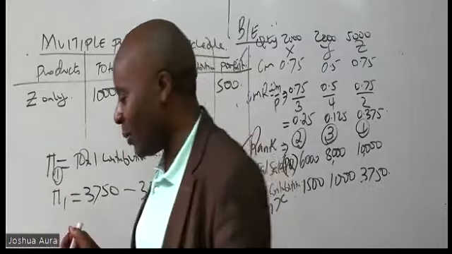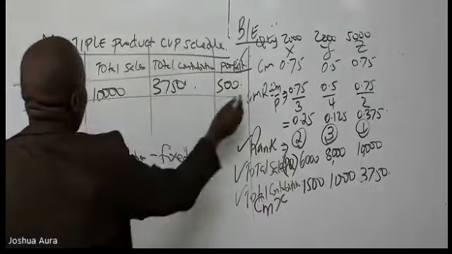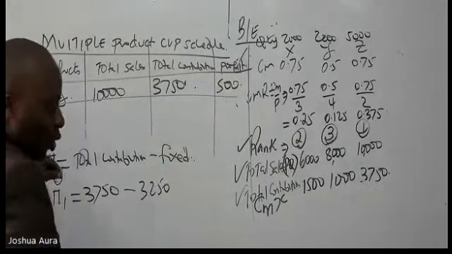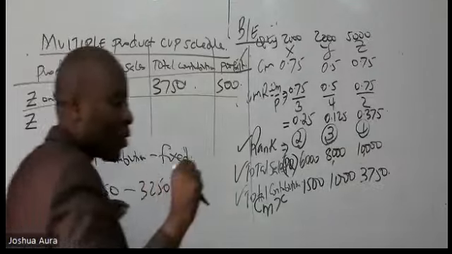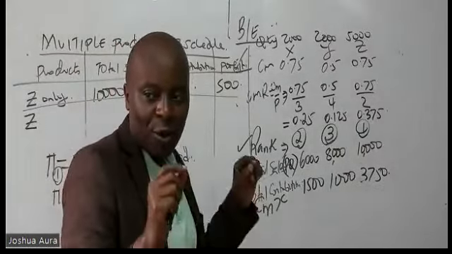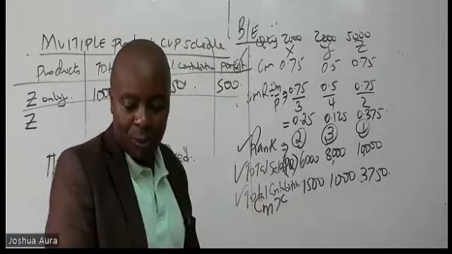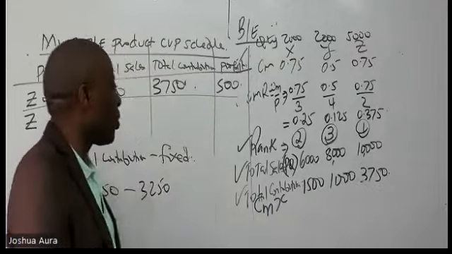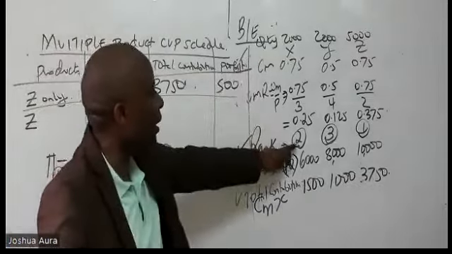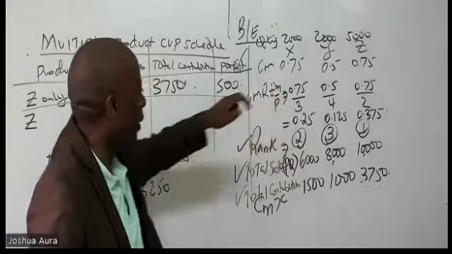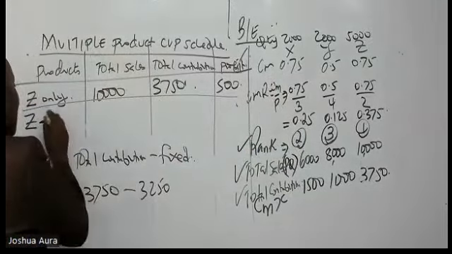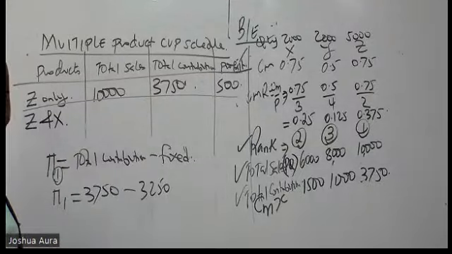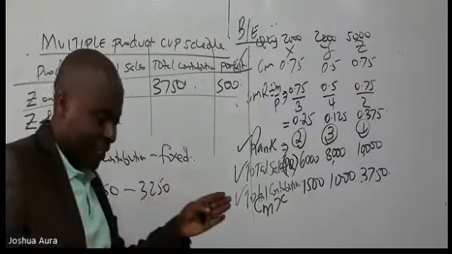So the second possibility is for us to produce Z with the second ranked product. Of course, the first has to be in the equation. The second ranked product here is X. So we produce Z and X. You start with the best ranked alone.